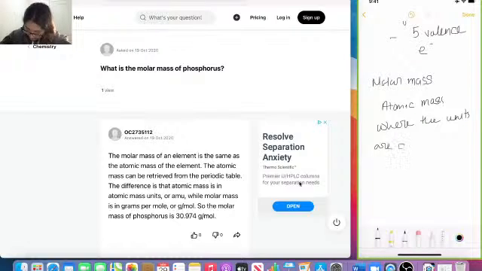Your units for atomic mass are AMU or U in some cases, and molar mass is grams per mole.